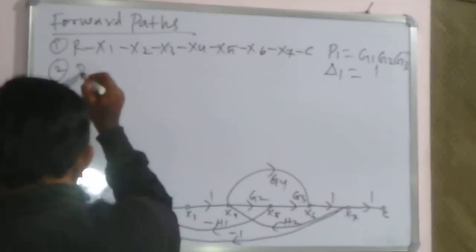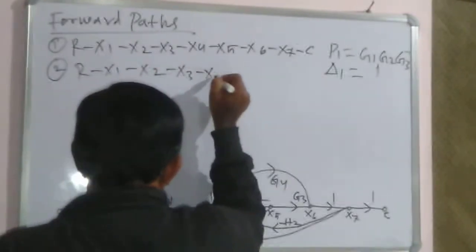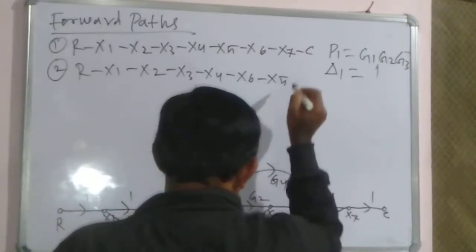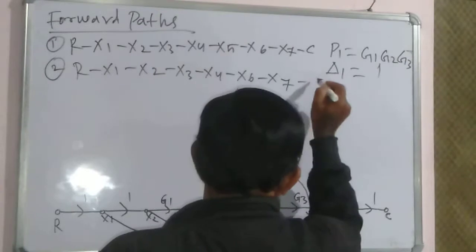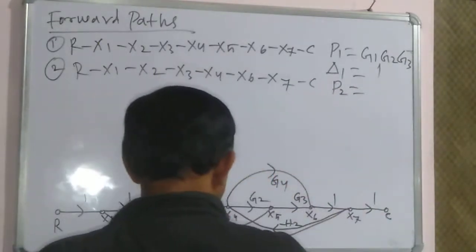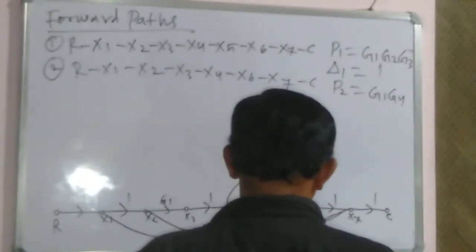So R, x1, x2, x3, x4, x6, x7, C. The gain P2 is equal to G1 G4, the multiplication of all branch gains.